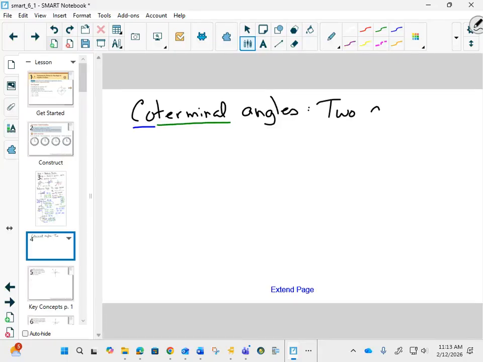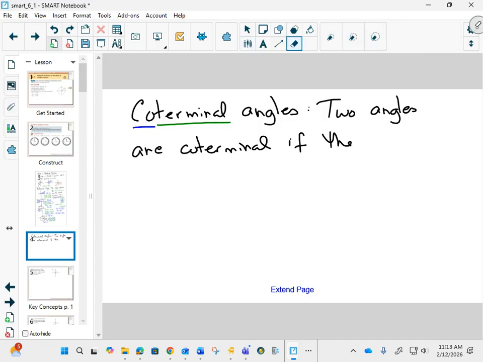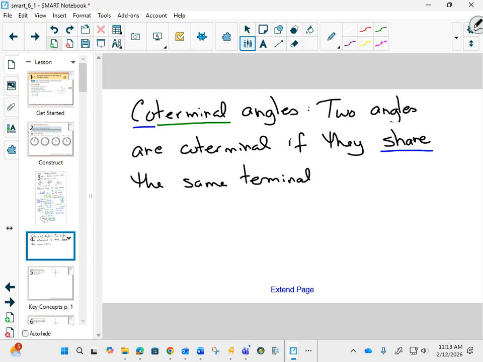Two angles are coterminal if they, well, it's not quite a they, if they share the same terminal arm.